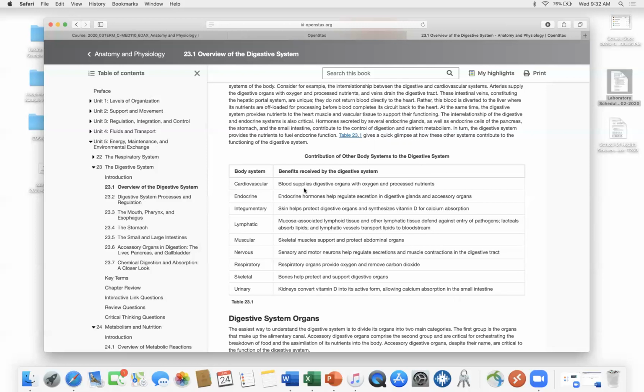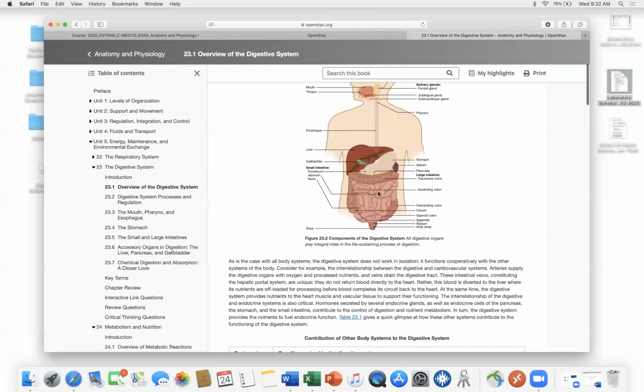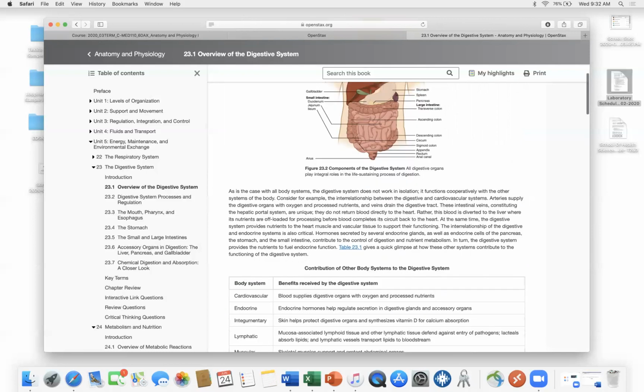Like for example, cardiovascular system. You have a large blood supply to your stomach. That's the reason why when you eat massive fatty foods, you get sleepy. Because then your body starts drawing a lot of its nutrients and a lot of its blood to this area, and there'll be less blood up here for your brain, and then you get a little bit sleepy.